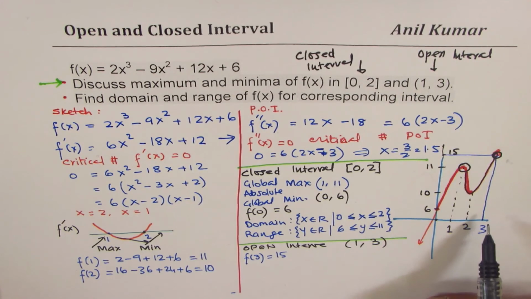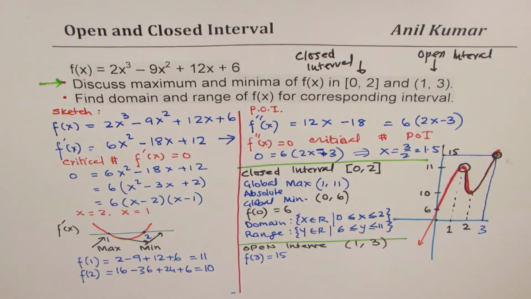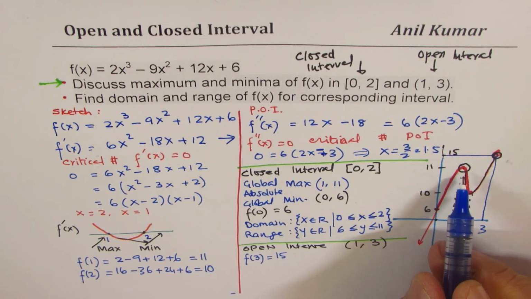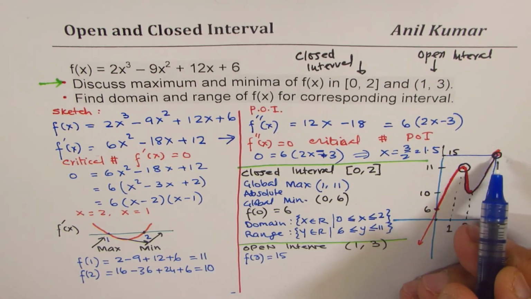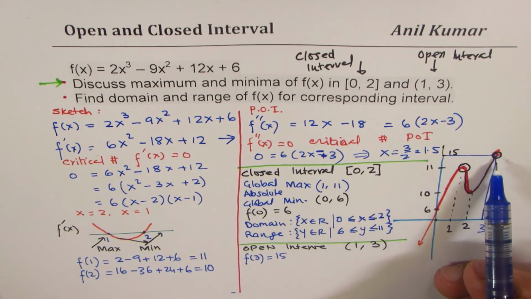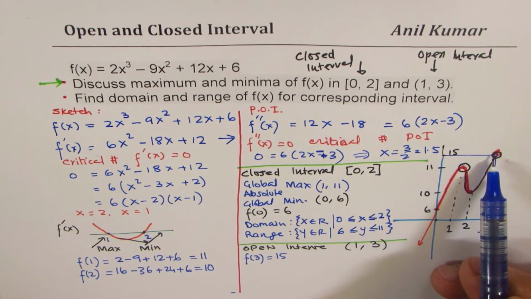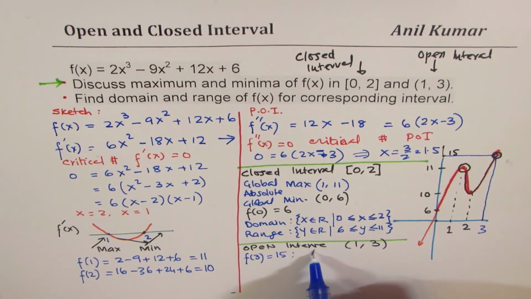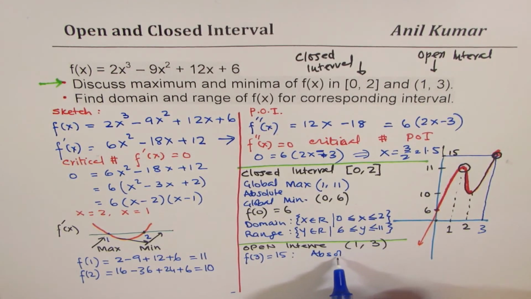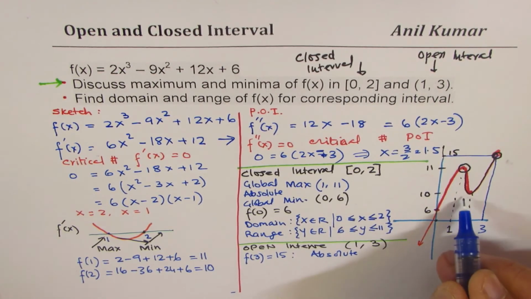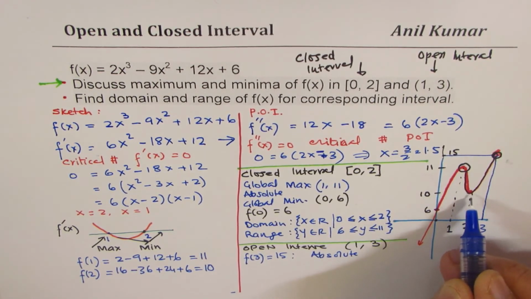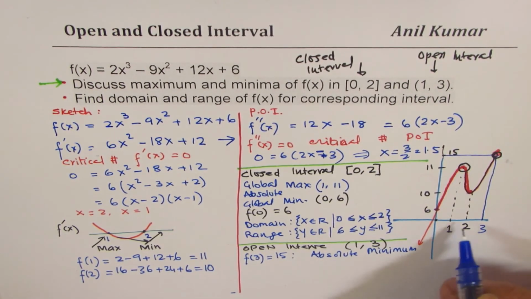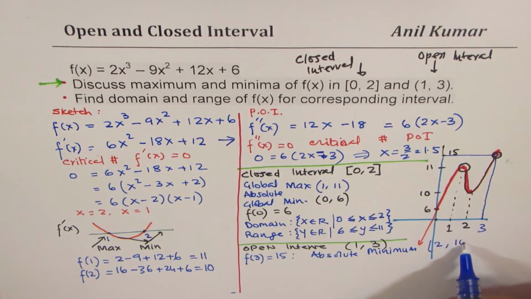Now I'd like you to pause the video and answer all these questions. First, of course, is maximum and minimum. Do we have absolute maximum? No, we don't. We don't know what is closest to 15. Do you get my point? So we don't have absolute maximum, but we have absolute minimum, which is at this point, at 2, and the value is 10.